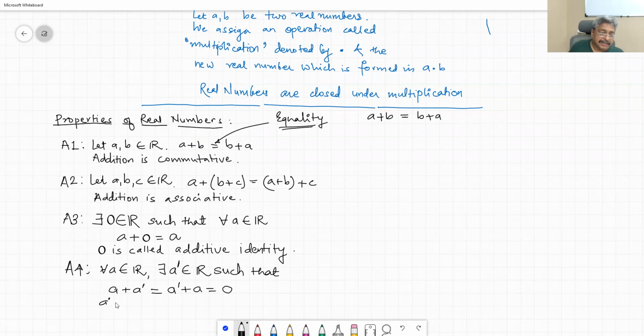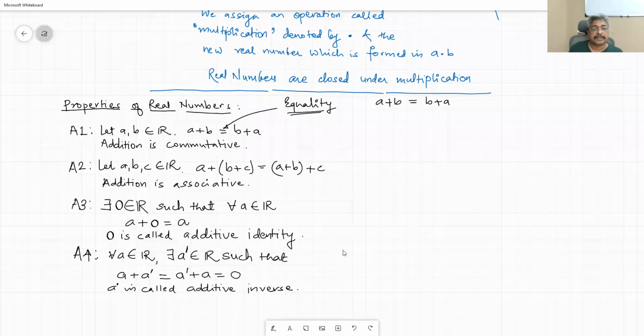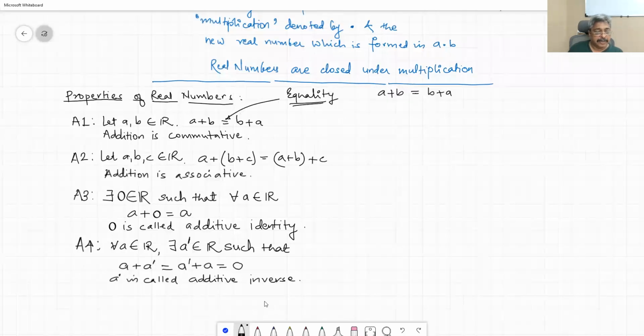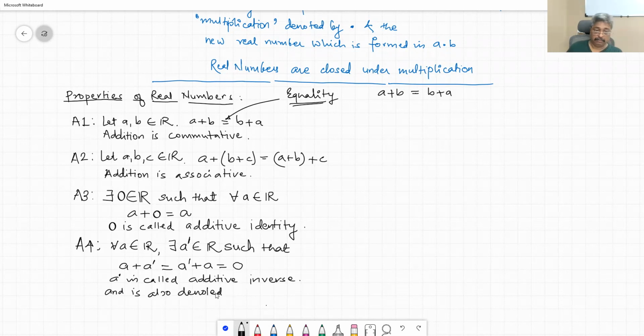A dash is called opposite of A. A dash is called additive inverse and is also denoted as dash A, not minus A, but opposite of A.